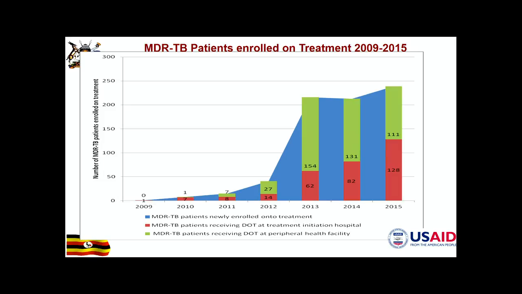The number of patients who are getting DOT from the treatment initiation facility is less for most of the years than the number of patients that get DOT from the peripheral facilities. Most of the patients are in the field, in the peripheral facilities. We have over 400 of them.